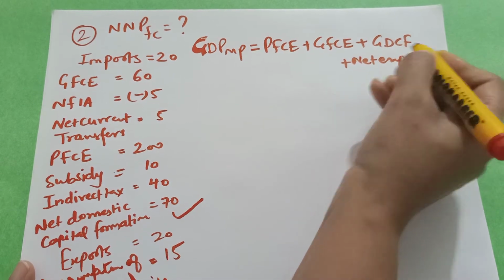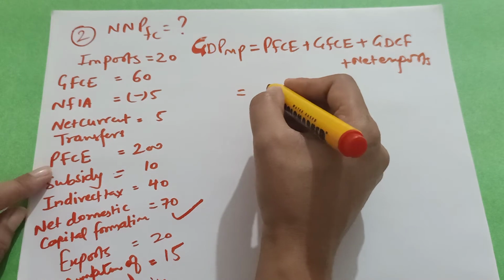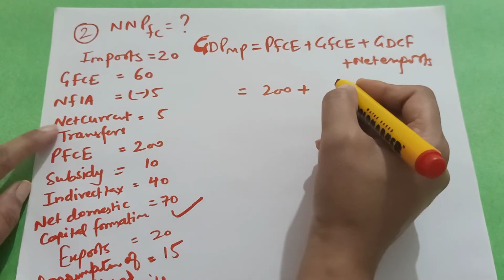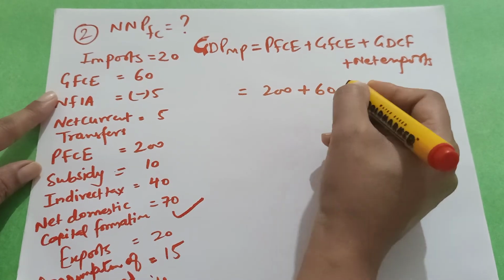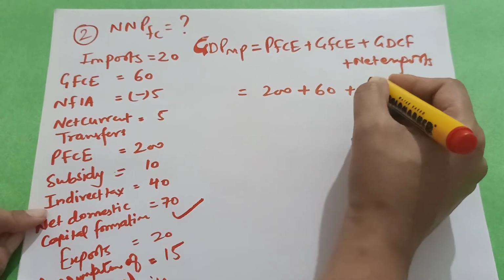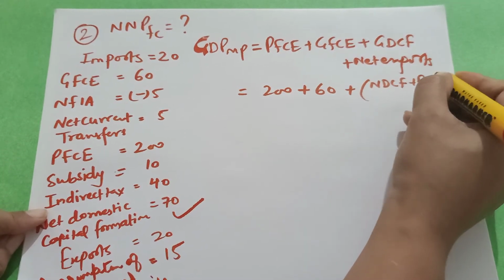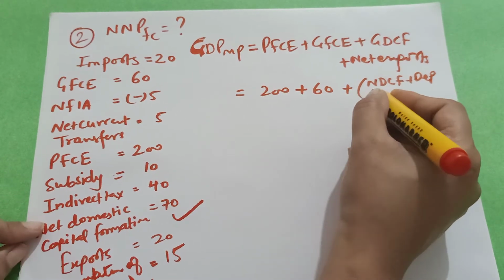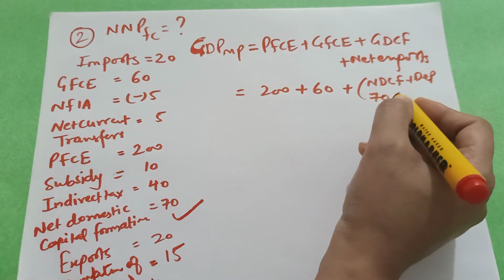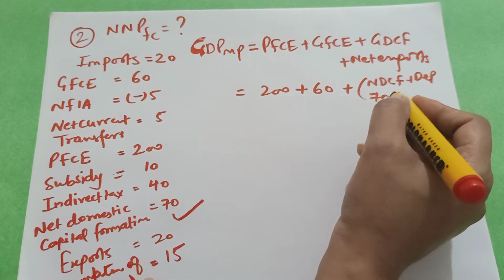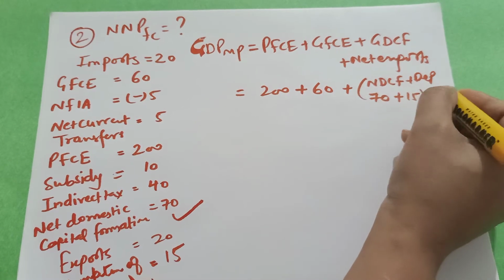So what to do? PFCE is 200 plus GFCE, which is 60, plus GDCF. We take NDCF plus depreciation, that is 70, plus consumption of fixed capital, which is depreciation, here 15. Plus net exports.